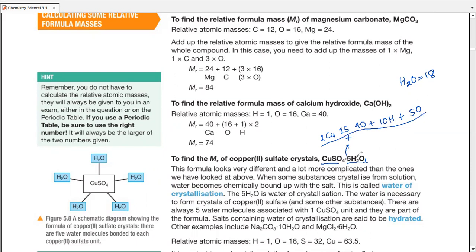If you want to do it the smart way, 5 into 18, the mass of water. You already know the mass of water is 18, so 5 multiplied by 18. You don't necessarily need to do this; it makes the whole step easier for you. You can pick either way, whatever you like. Go ahead and calculate the mass for copper sulfate hydrated crystal.